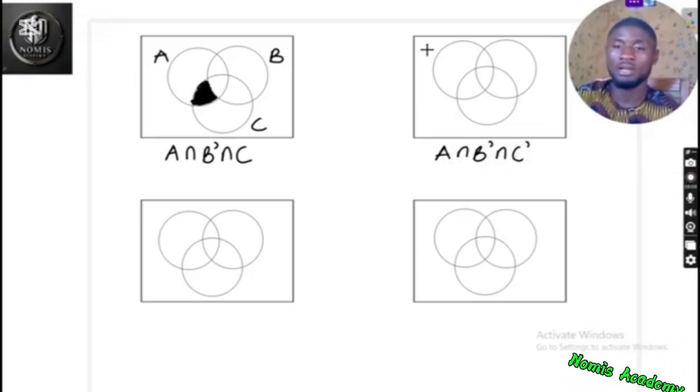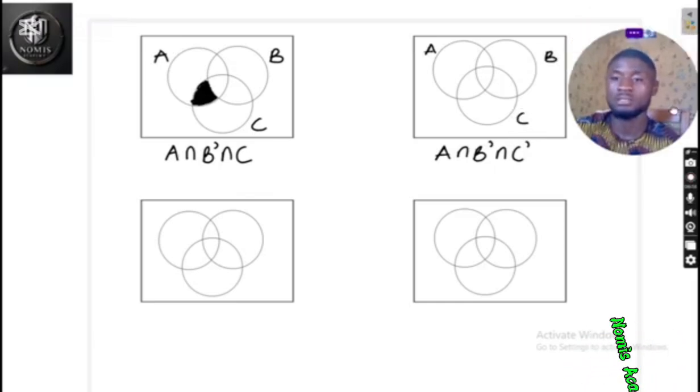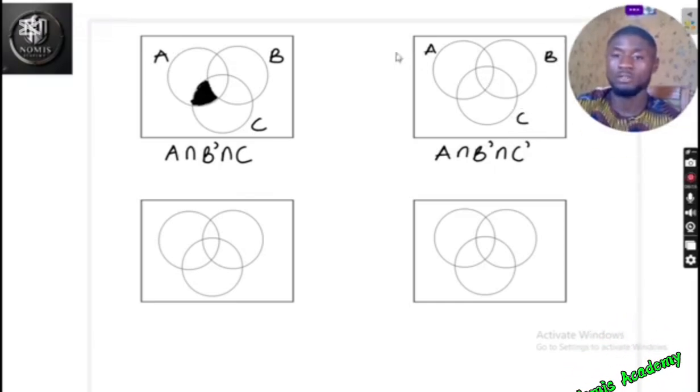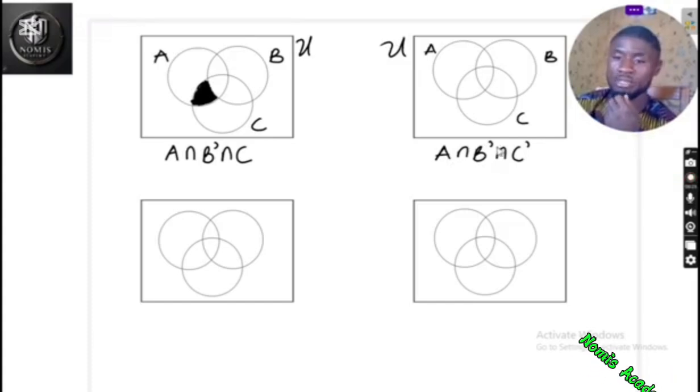Don't forget, let's take this as our set A, this as our set B, and this as our set C, so that this remains our universal set. A intersect B complement means that B entirely should not be involved, and then C complement means C entirely should not be involved.